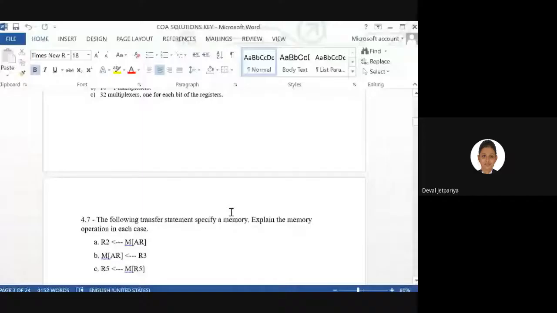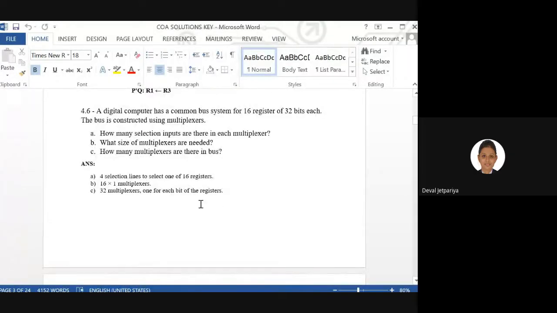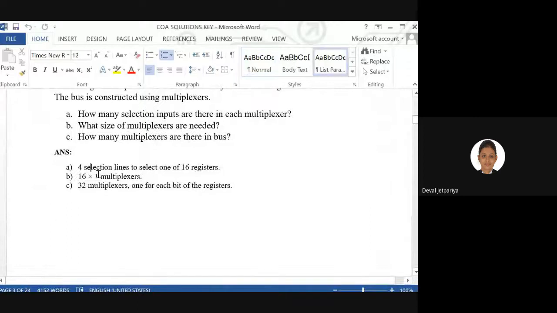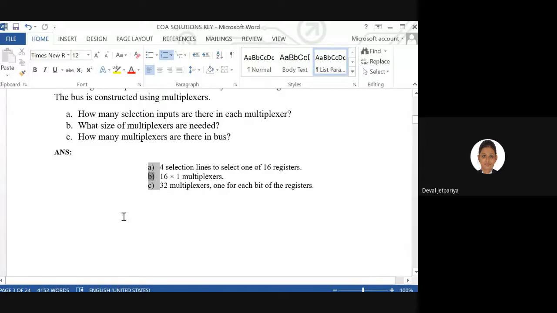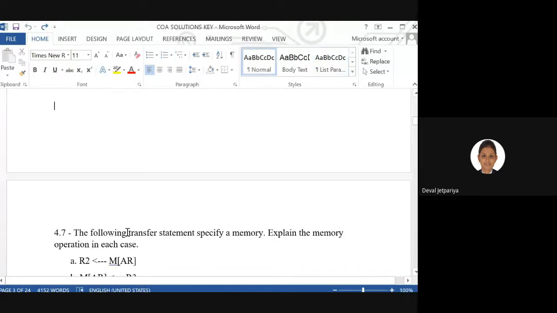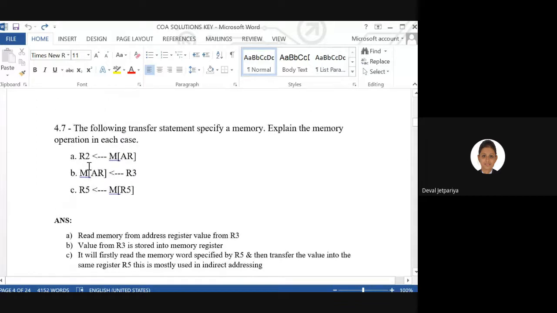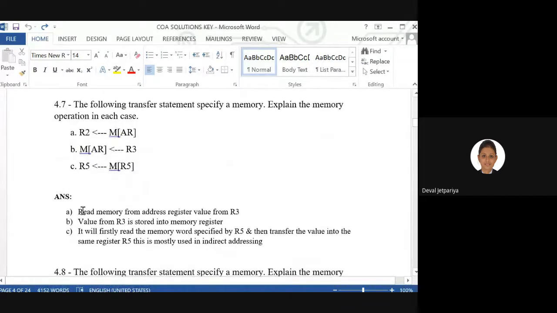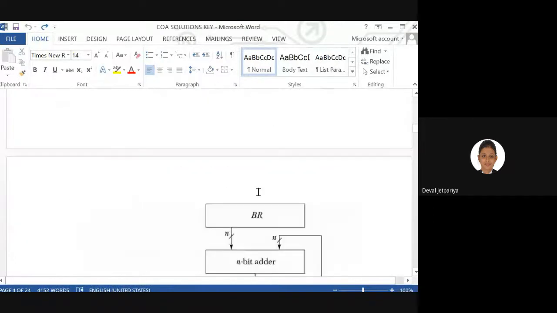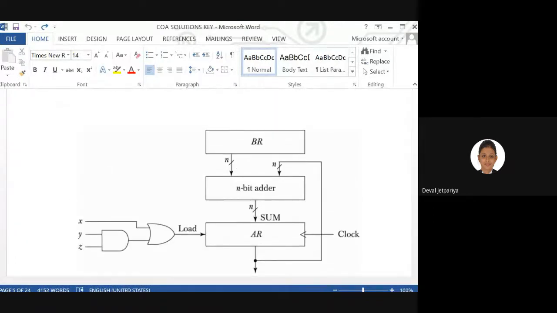I hope the answers of question 1 and 2 are clear now. This is the answer for question number 1. You can see 4 selection lines, a 16 cross 1 multiplexer, the size of the multiplexer, and in total 32 multiplexers we require. After that, this is the justification of all 3 lines. And let me show you the diagram.